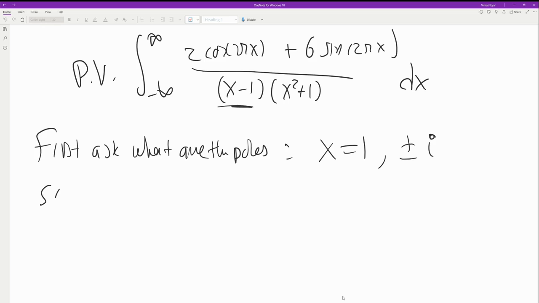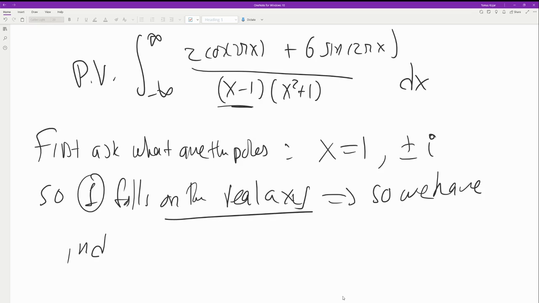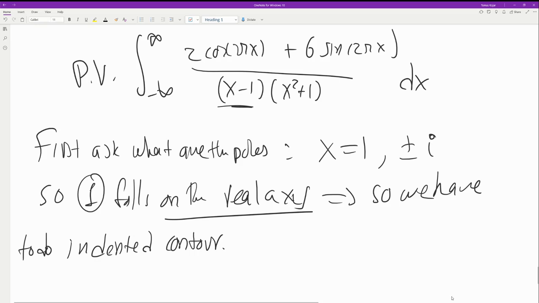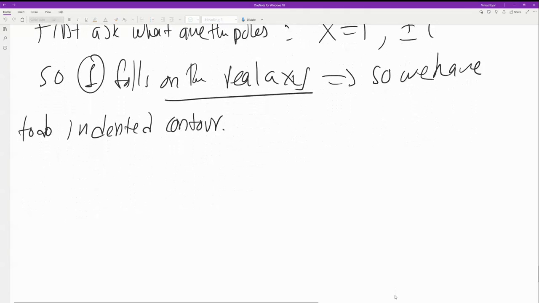So 1 falls on the real axis, so we have to do an indented contour. There's no way around it. You have to indent to avoid the pole. Okay, so that's a given. All right, fine. Let's start.